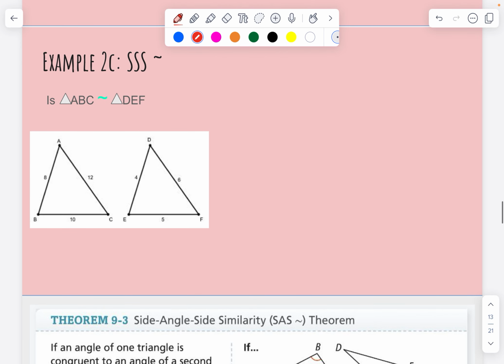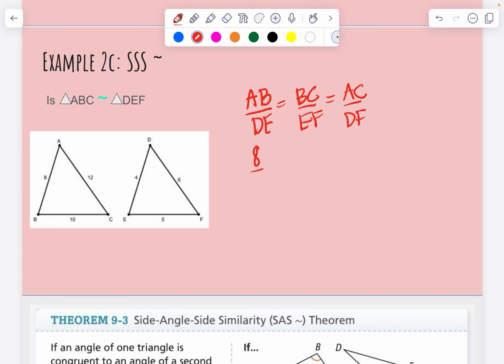All right, let's look at one more here. Is ABC similar to DEF? So AB over DE, BC over EF, and AC over DF.